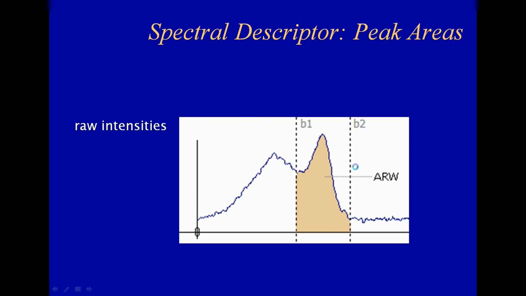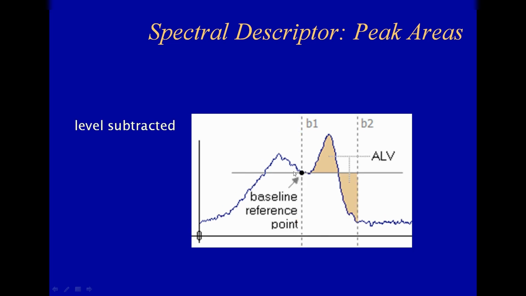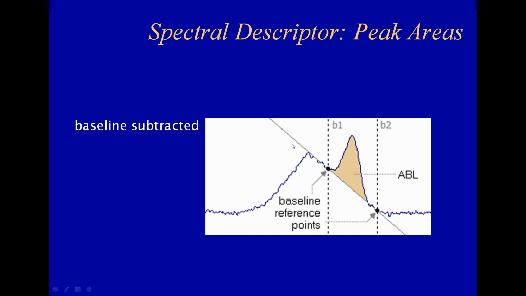So maybe you would want just to create again a reference level and integrate the difference between the signal and this reference level. If you define a baseline by specifying two reference points, then the area of this peak is just taken above this baseline.